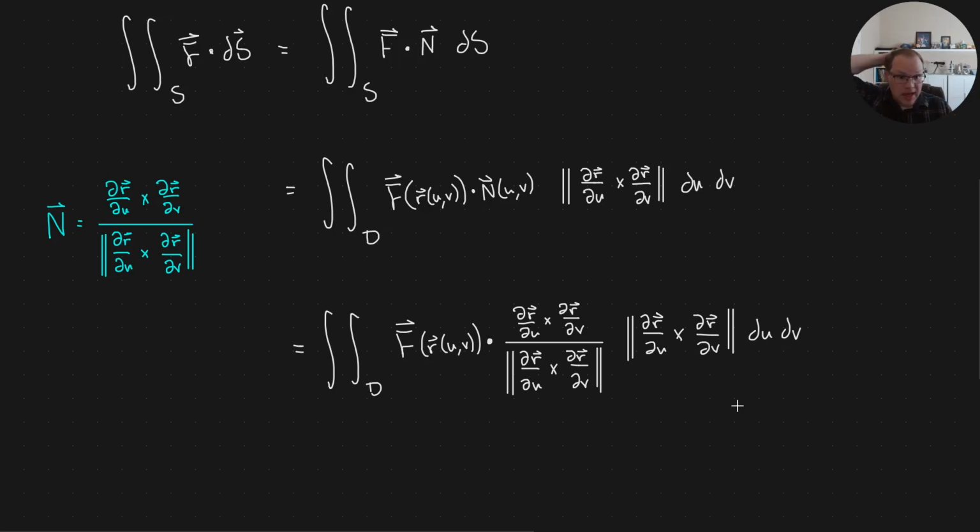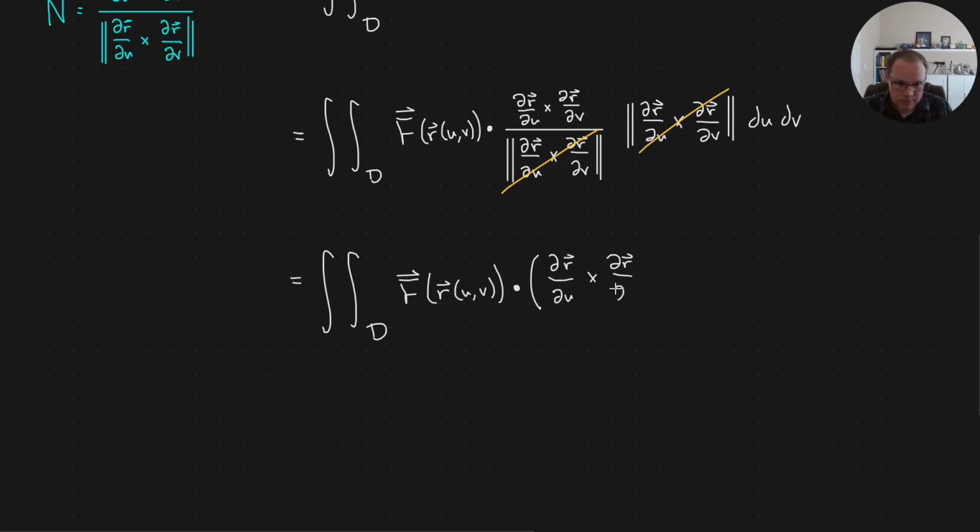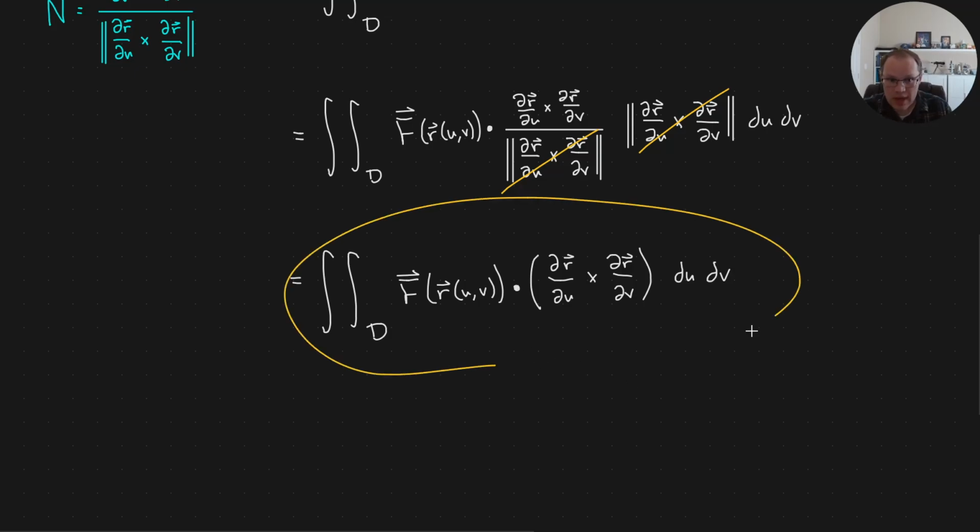And you can probably see now what's going to happen: the norms cancel. And so I get the integral over region D of f of r uv dotted with the cross product of the partial derivatives. Okay, that's how you calculate a vector surface integral.